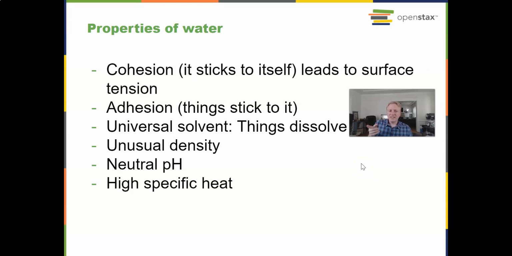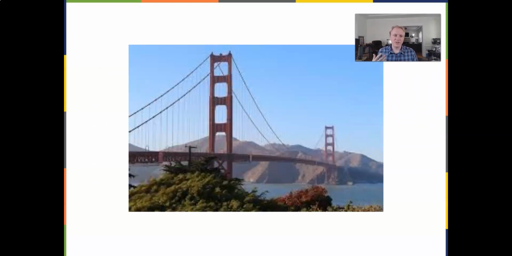I believe the last property that I'm going to give you for water in this lecture is its high specific heat capacity. And I put a picture of the Golden Gate Bridge here because if you've ever been to San Francisco, you should probably know that when you go there, it's generally cooler than it is further inland. I shouldn't even say cooler.